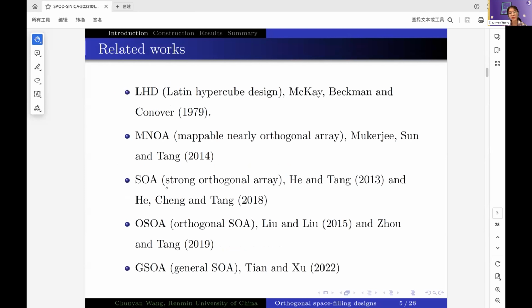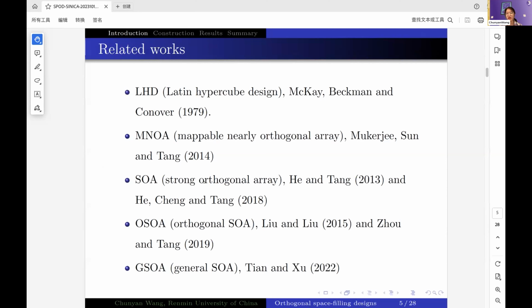Here is some recent work on designs with low dimensional stratifications. The first is Latin hypercube designs. For a Latin hypercube design with n runs, each factor has n levels.